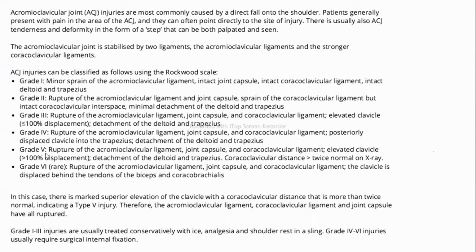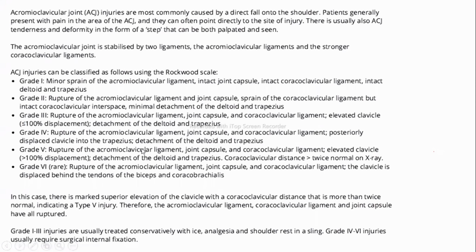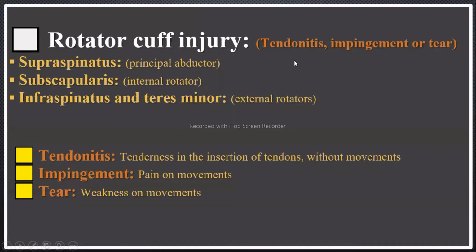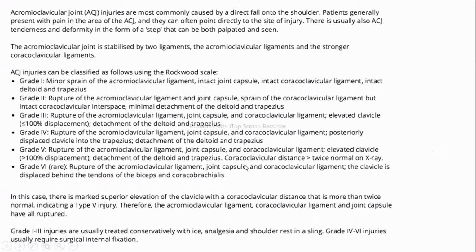We will see grade 5: rupture of acromioclavicular ligaments, joint capsule, coracoclavicular ligaments. So both ligaments are injured in both grades. Elevated clavicle. Detachment of deltoid and trapezius. Coracoclavicular distance more than twice normal on X-ray.